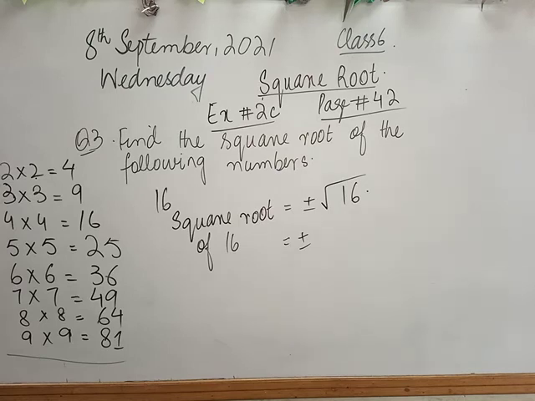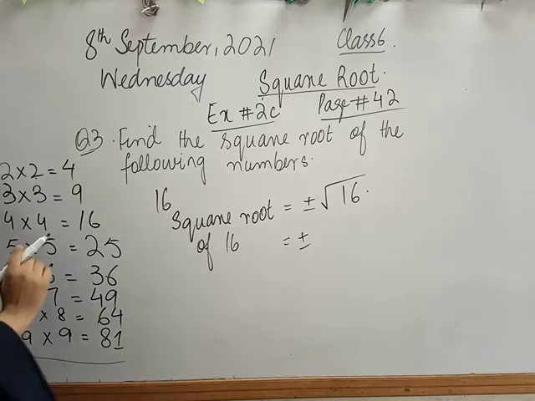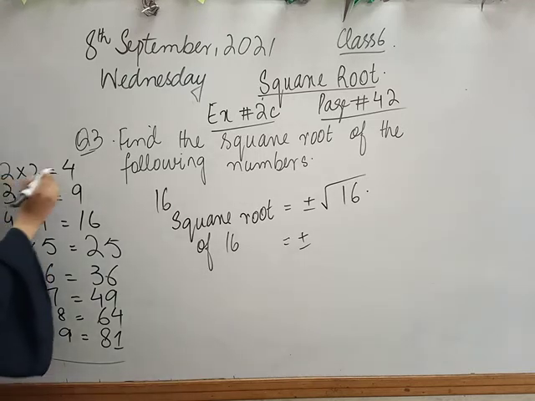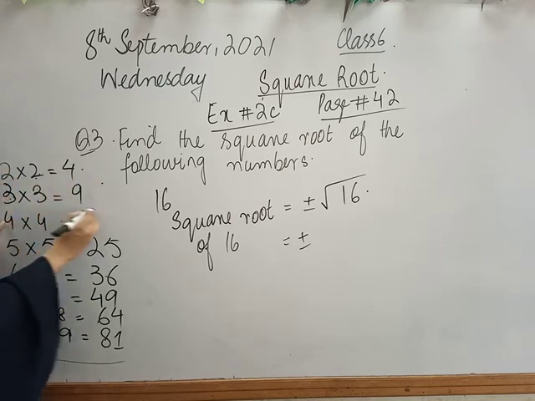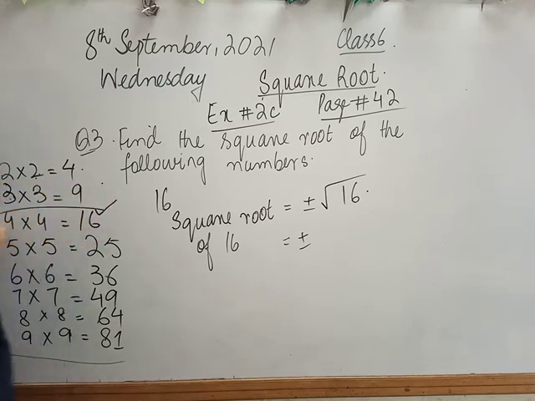Which two numbers, when we multiply them by themselves, will we get 16? If you look, starting from 2, we have 2 times 2 is 4, 3 times 3 is 9, 4 times 4 is 16. This is equal to 16.